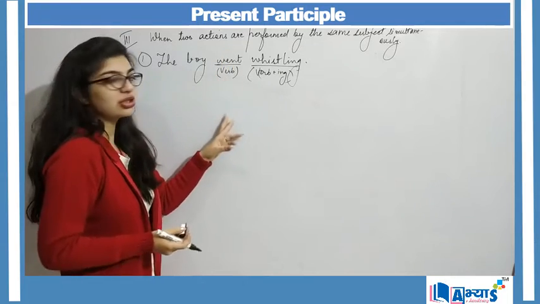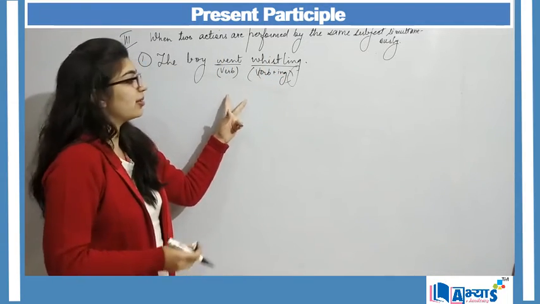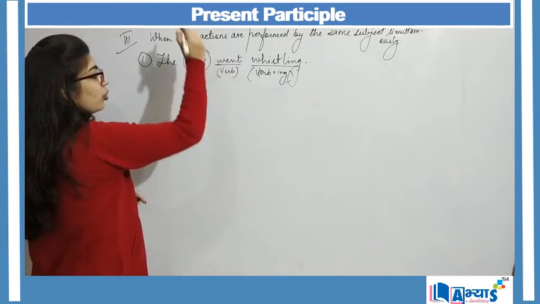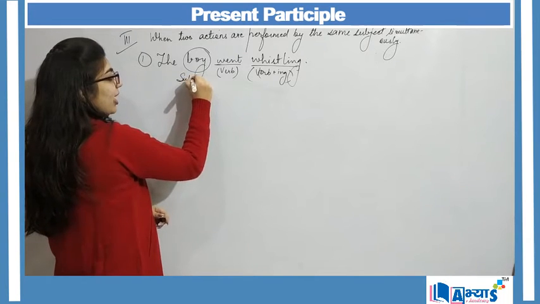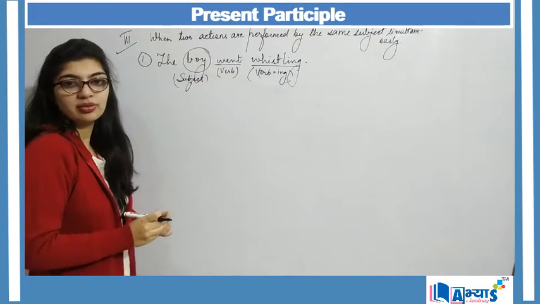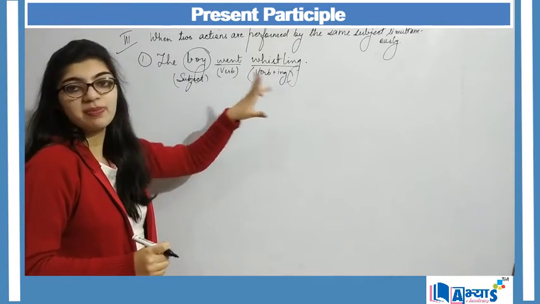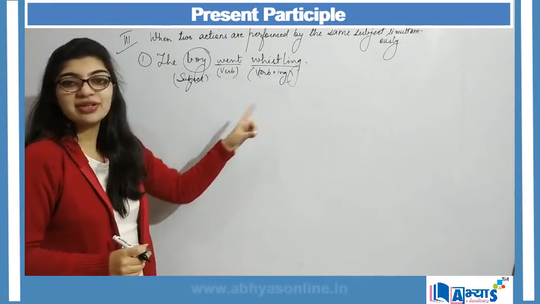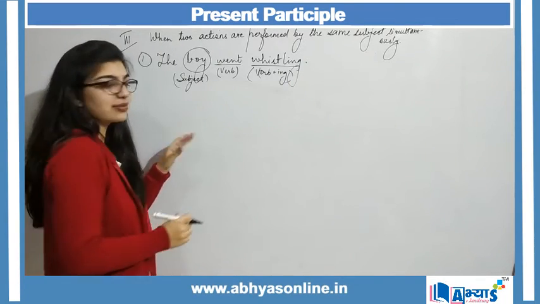So went is also a verb and whistle is also a verb. Two verbs are used, or two actions are performed by the same subject. Here boy is my subject, right? The boy went whistling. First verb, second verb, first action, second action, performed by the same subject.